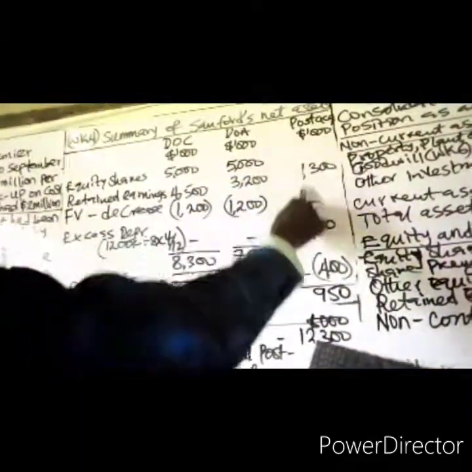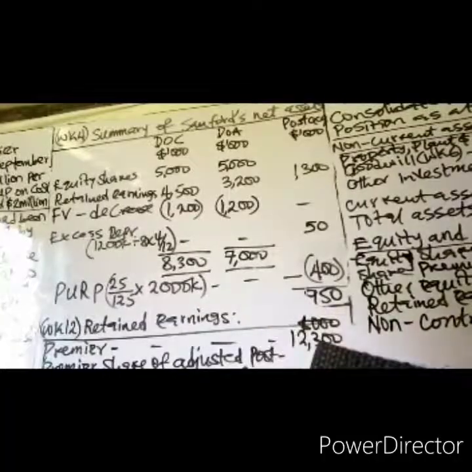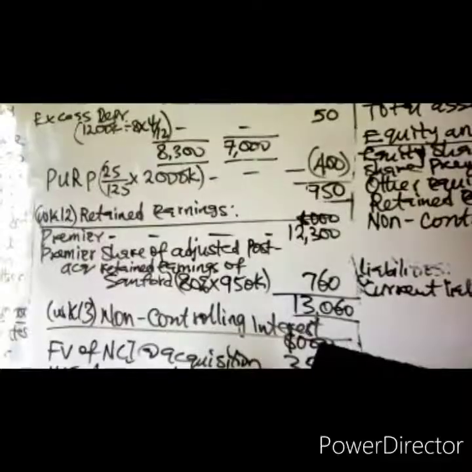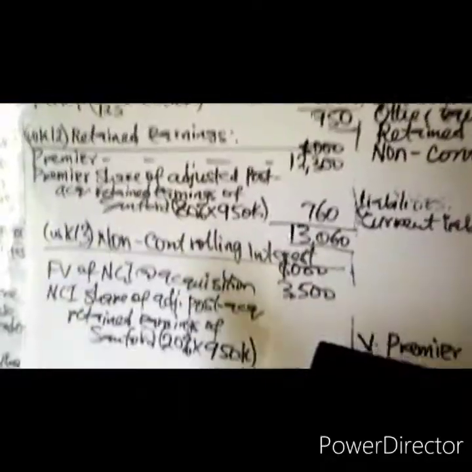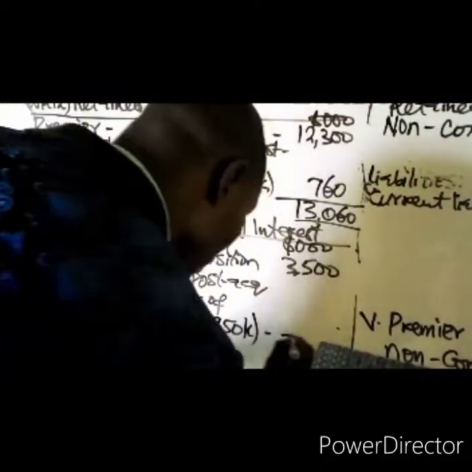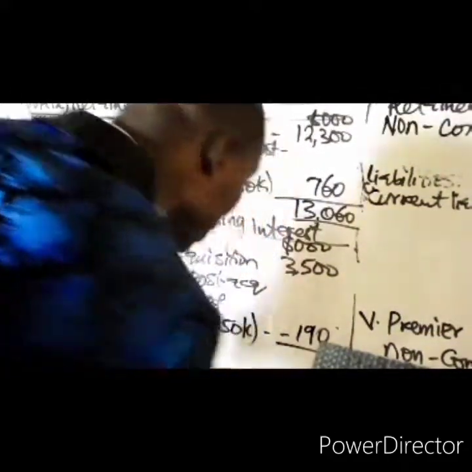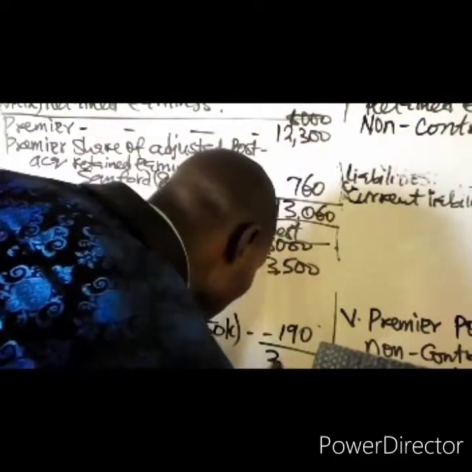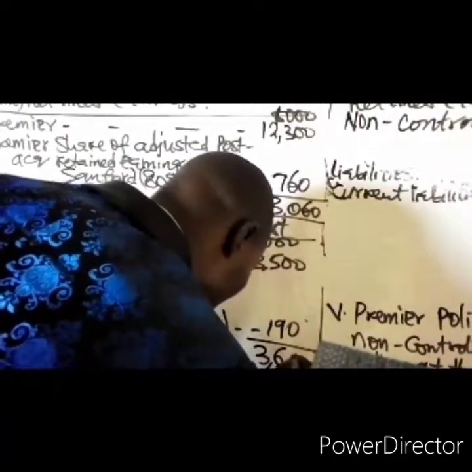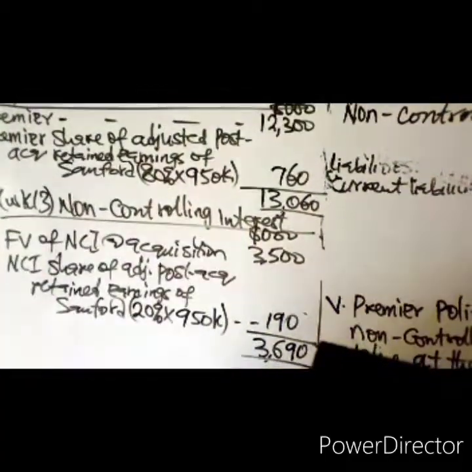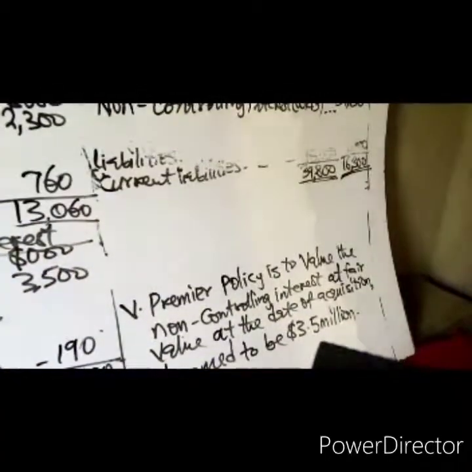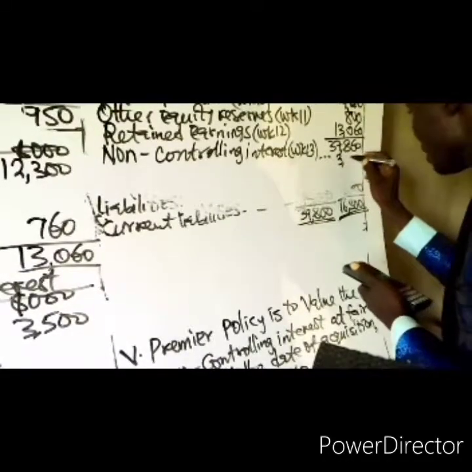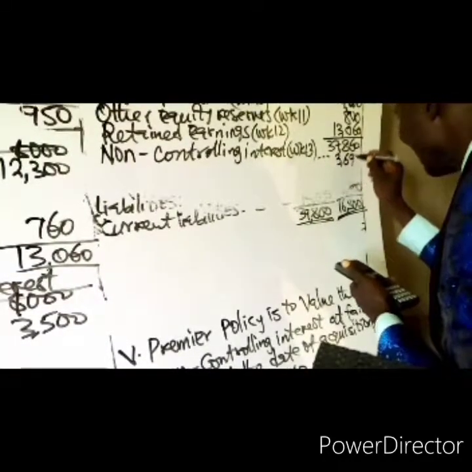Adjusted post-acquisition profit of subsidiary is 950. 20% of 950,000 will give us 190. If you add the 190 to 3,500, then the NCI will total 3,690. That is the amount of non-controlling interest that will appear in the consolidated statement of financial position.